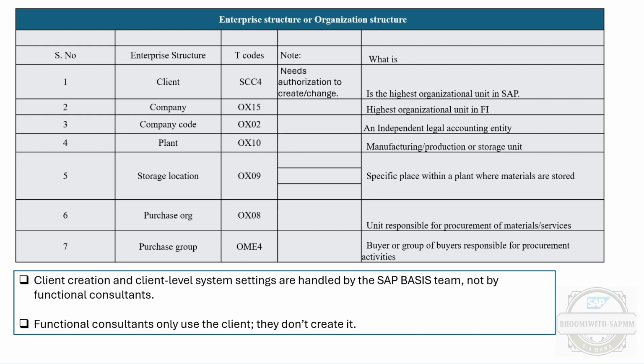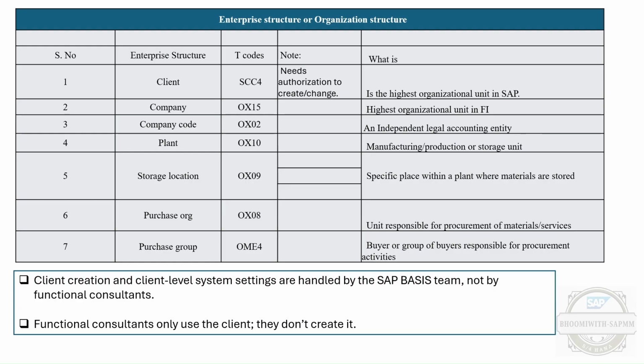Storage location: a specific place within a plant where materials are stored. Purchase organization: the unit responsible for procurement of materials or services. Now, what is a purchase group? A buyer or a group of buyers responsible for procurement activities.